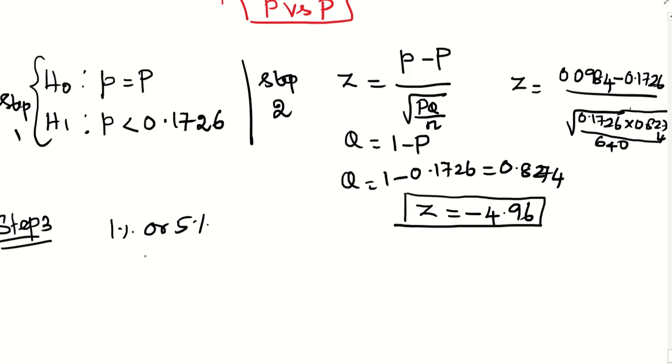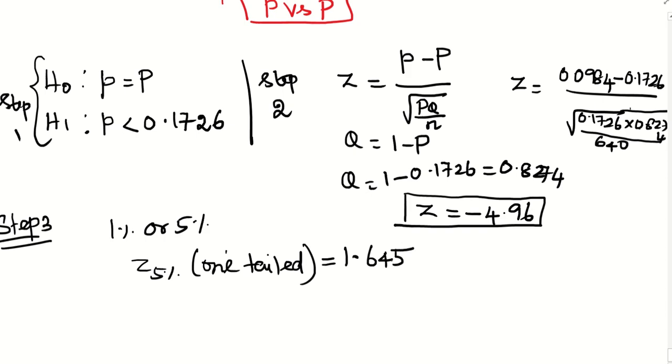So Z at 5% for a one-tailed test, as we are having our P less than 0.1726, it is a one-tailed test. Using the table value, we will be having 1.645.